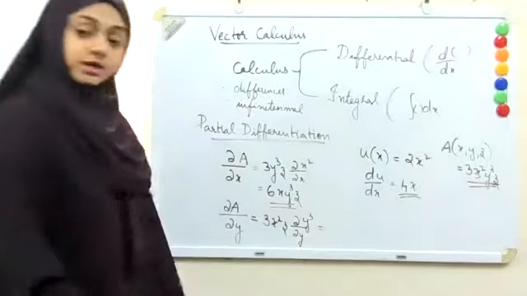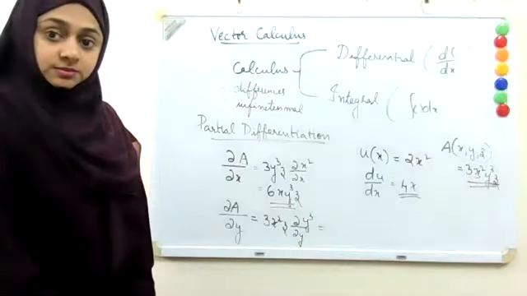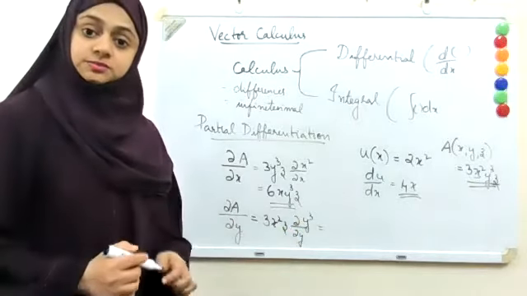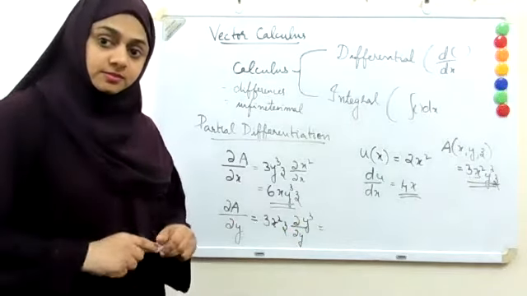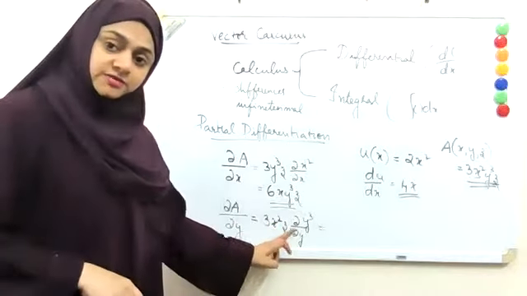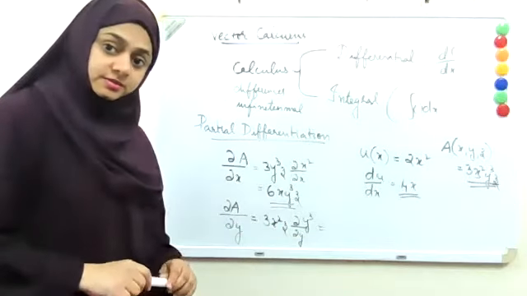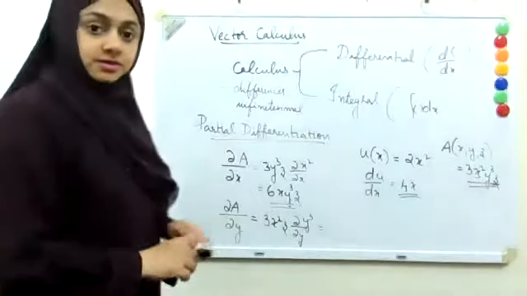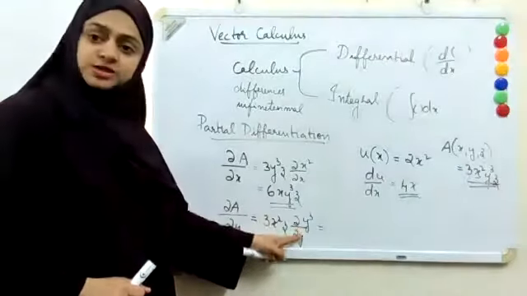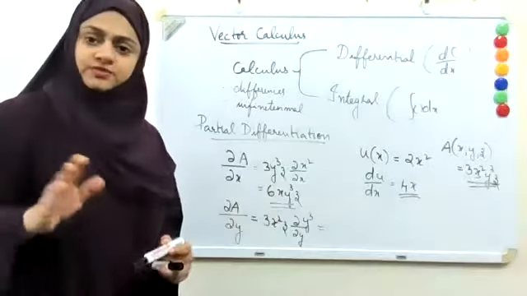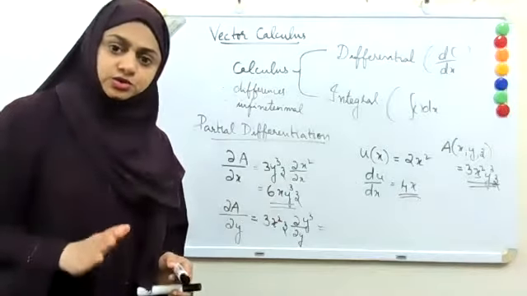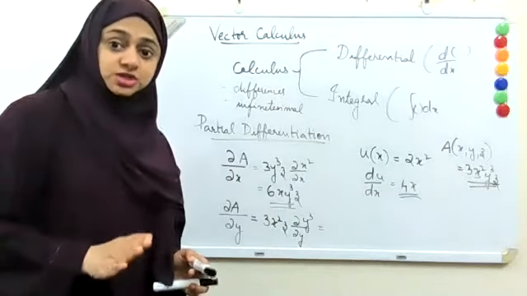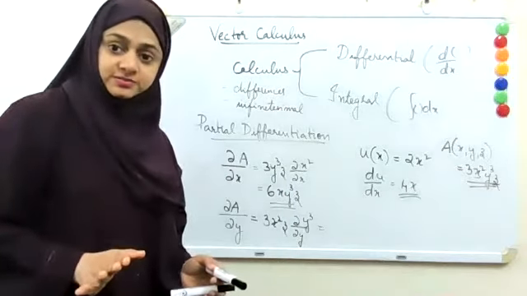Now can you tell me what is d by dy of y cube? It's 3y square. Tell me whether you are familiar with differentiation. Do you know differentiation? I'm taking this class with the assumption that you know differentiation.